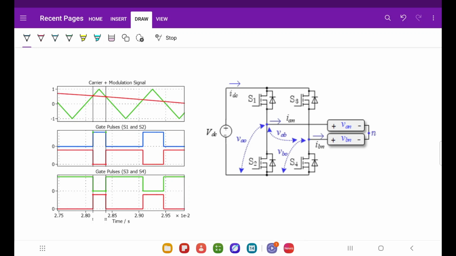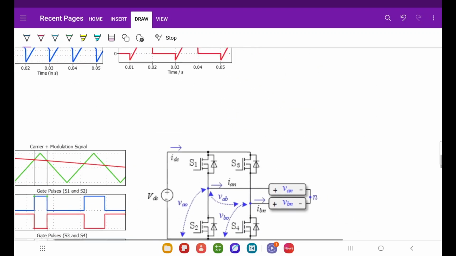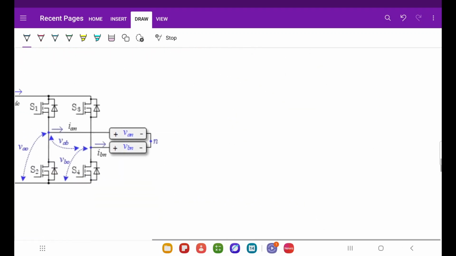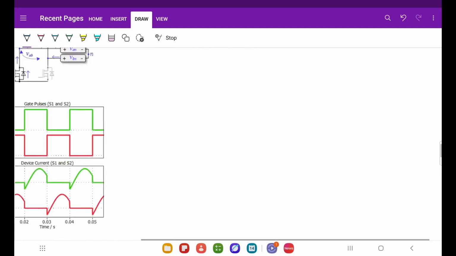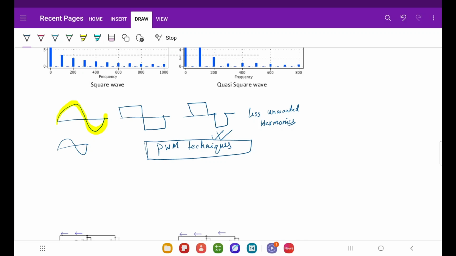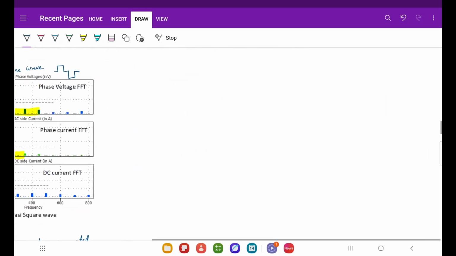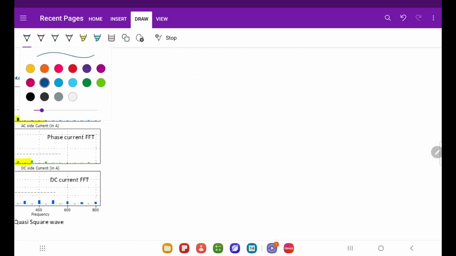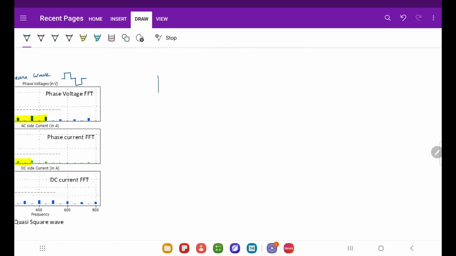So first, to understand pulse width modulation, let us see the example of a buck converter. Okay, so we'll start with a buck converter, then we'll come to the pulse width modulation. So here only we will see how from a buck converter we can come to the pulse width modulation.